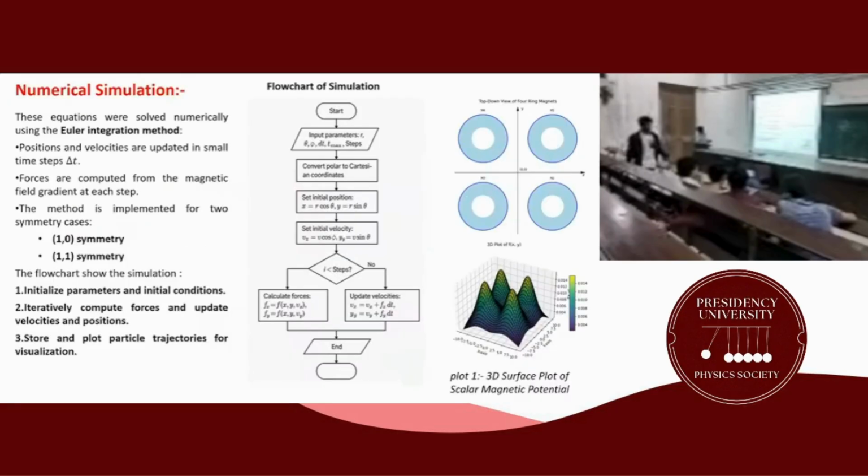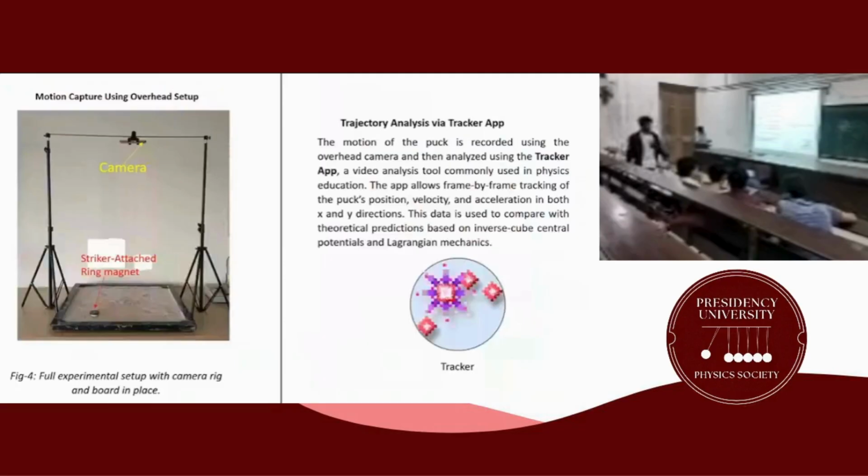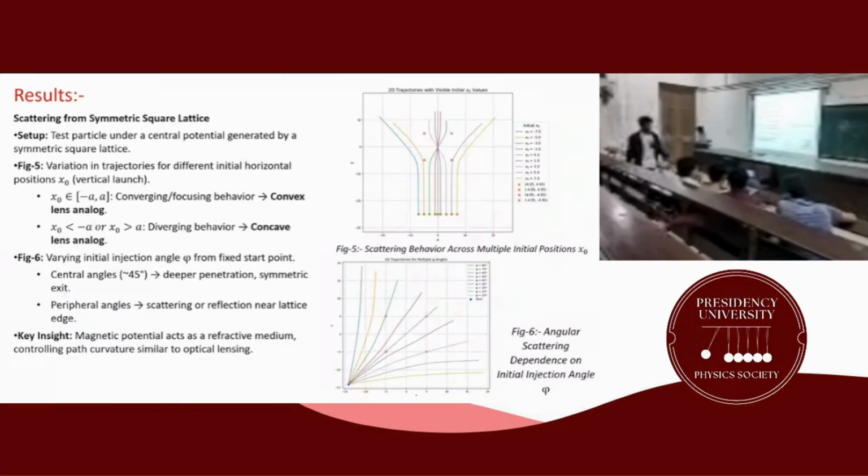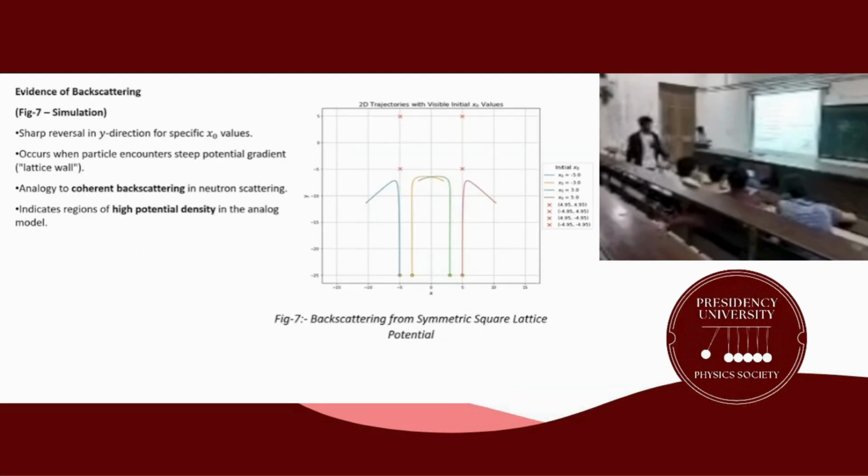Due to this 1 1 symmetry, we got these types of symmetric lines or symmetric curves. You can clearly see that beyond these lines, they are totally mirror images of each other. And also observe a special phenomenon which is analogous to coherent backscattering, or backscattering of neutrons.